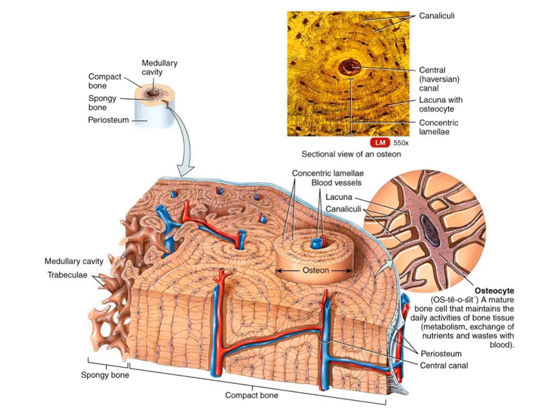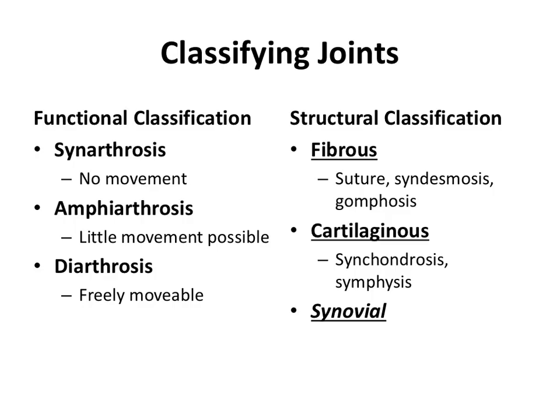Making up the outside of really any bone, it's somewhat compact, but you see just a few of these layers together, not these concentric ringed osteons packed together, just a little bit there. And then the trabecular bone or spongy bone is going to be lining the marrow cavity. You'll find it on the epiphyses. You'll find it in the middle of a flat bone. Spongy bone is really going to be.